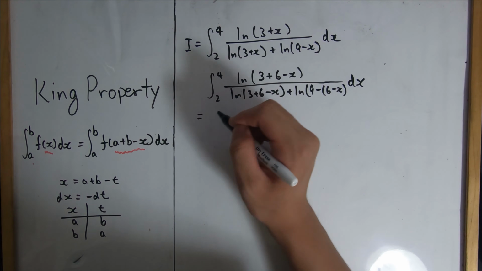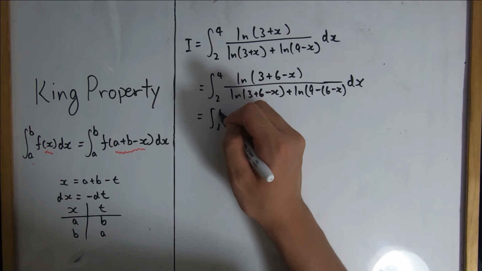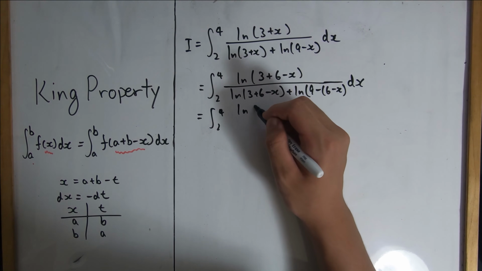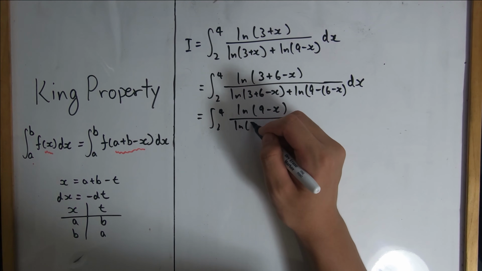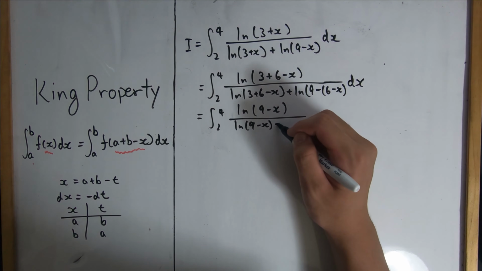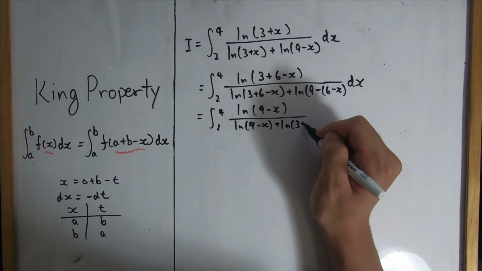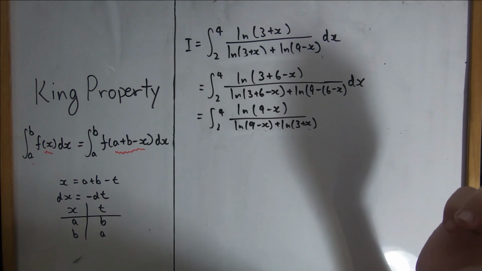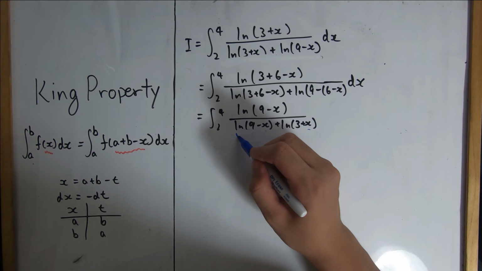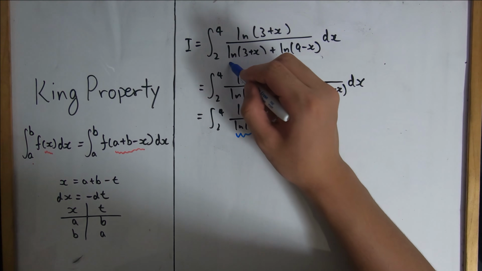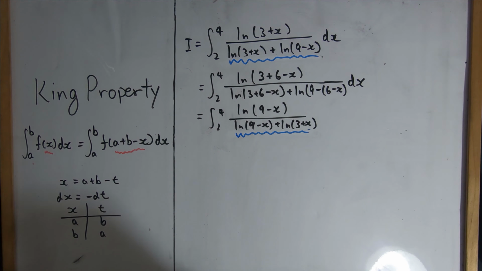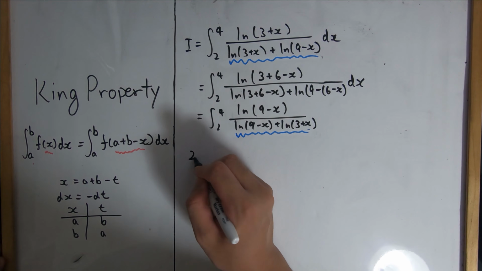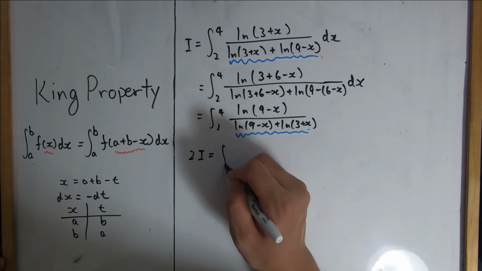Doing this will give us the integral of the natural log of 9 minus x all over the natural log of 9 minus x plus the natural log of 3 plus x dx from 2 to 4. And what you can notice is that after this substitution, the denominator hasn't changed, but the numerator has. These integrals are both equal to I, so let's add the two.